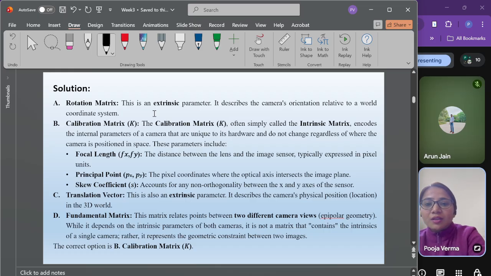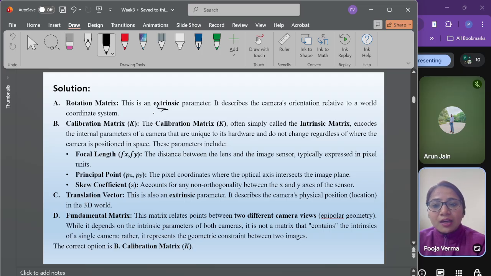And the calibration matrix represents the intrinsic parameters, which encode the internal parameters of the camera that are unique to its hardware and don't change with where the camera is positioned in space.